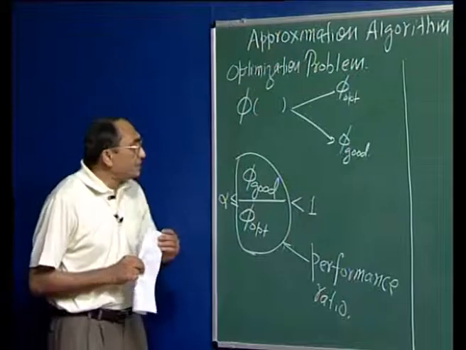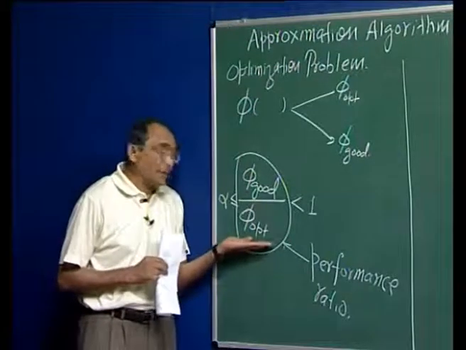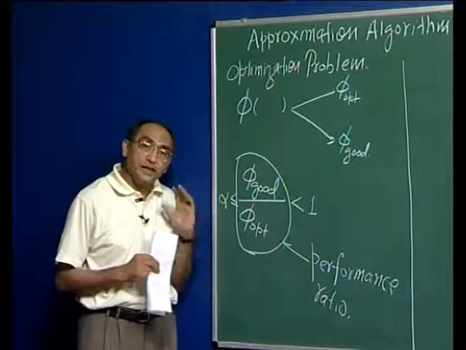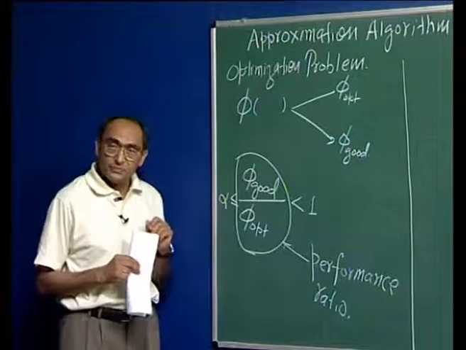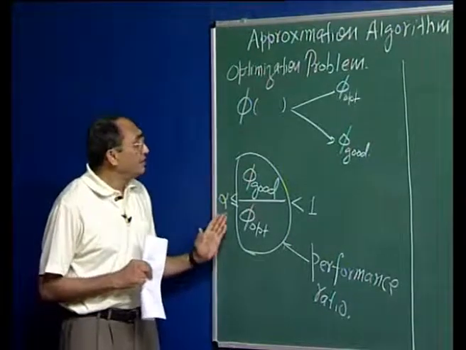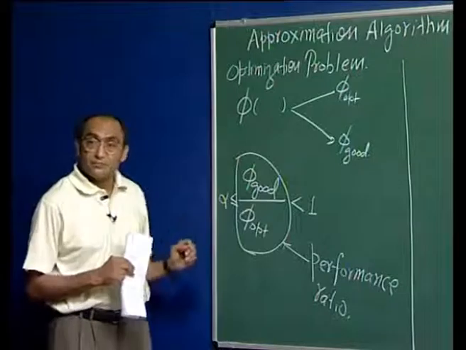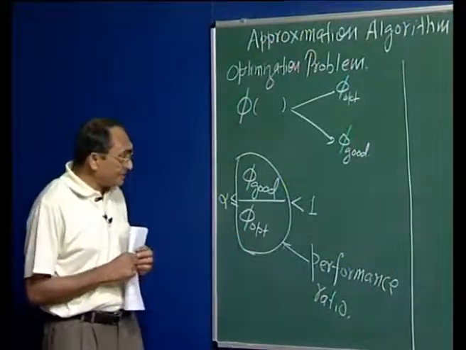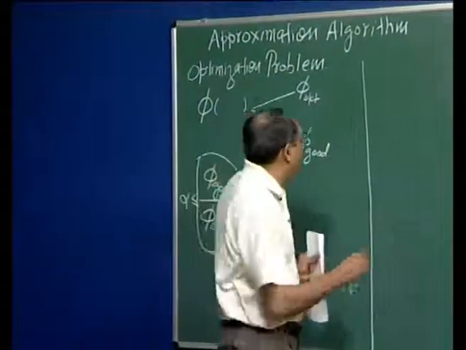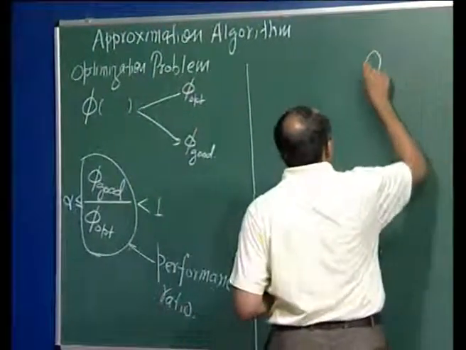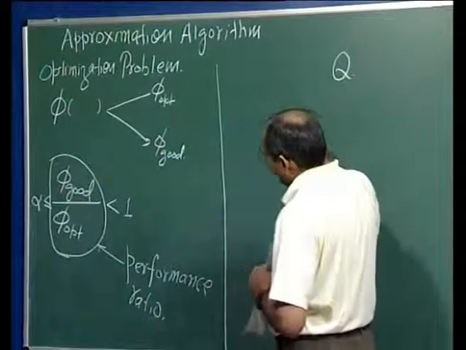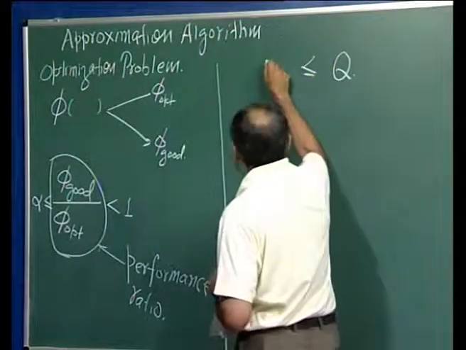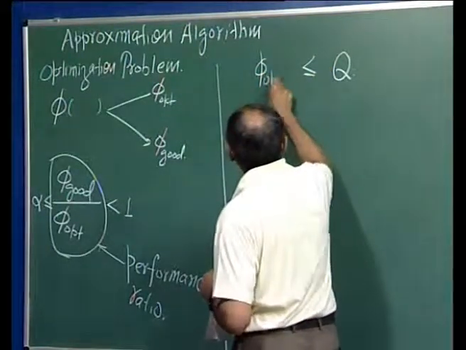So, one of the ways to do that is to find some quantity which is not necessarily quite relevant to this problem, to determine some value, let us say that value is q, and we can say that that value is greater than or equal to q opt.